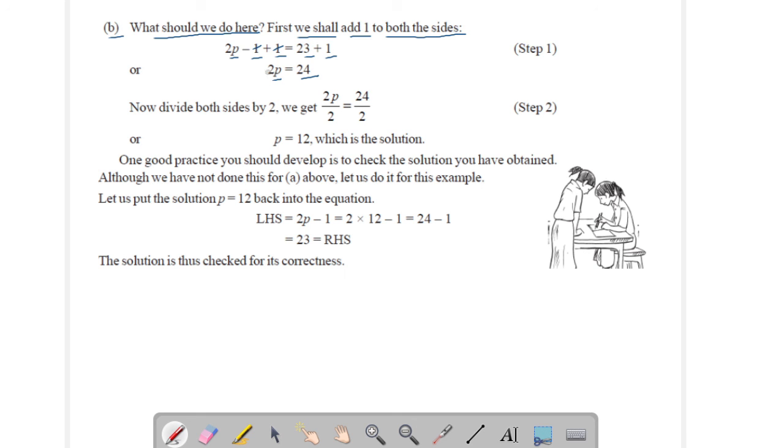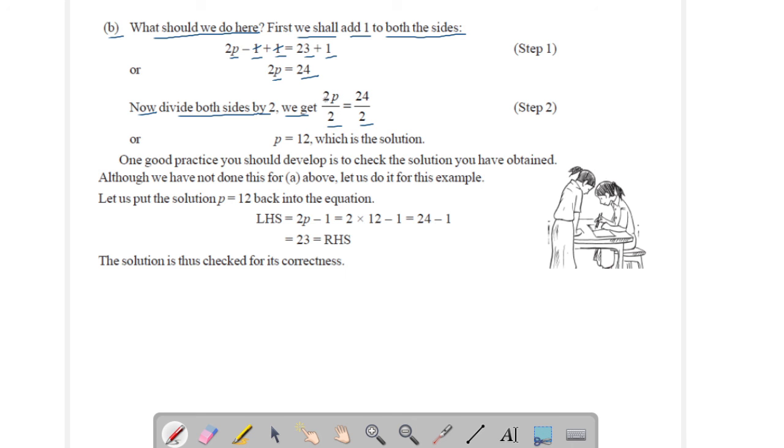Now we have to remove this 2. How will you remove this 2 from p? 2 is multiplied. We have to divide it by the same number, that is 2. So now divide both sides by 2. We get 2p upon 2 equal to 24 upon 2. If we are dividing by 2 on left hand side, we have to divide right hand side also.